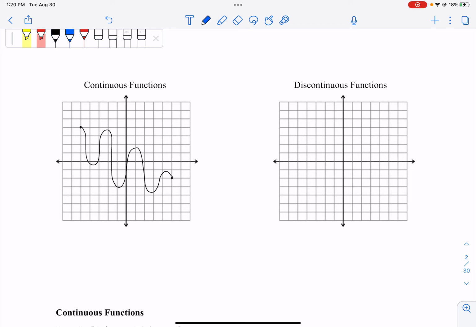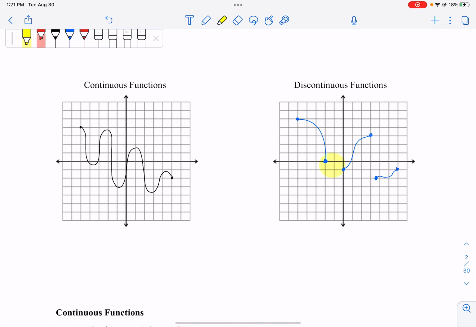And so I'll explain what I mean by a hole. So let's say we want to get from this point to this point. And I go from here to here. And then I skip a little bit and I go from here to here. And I skip a little bit and I go from here to here.